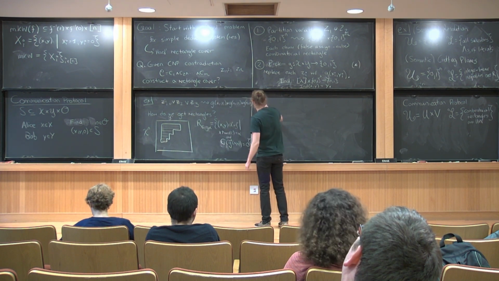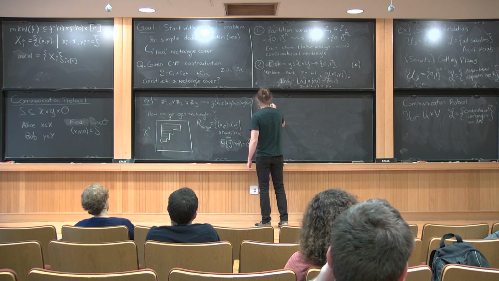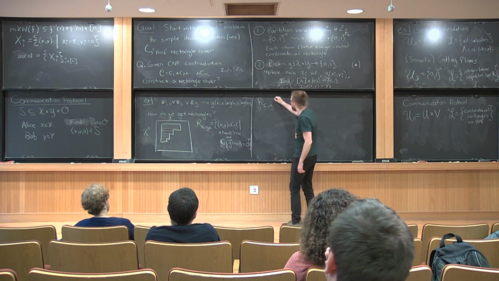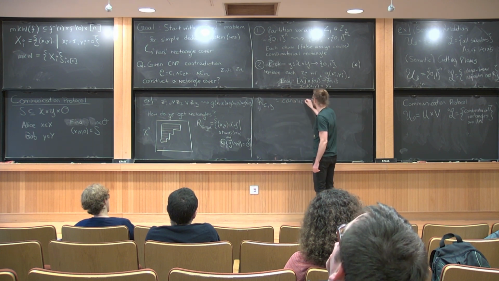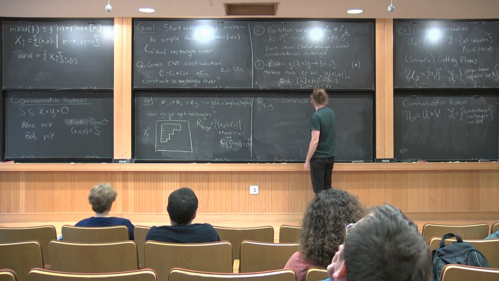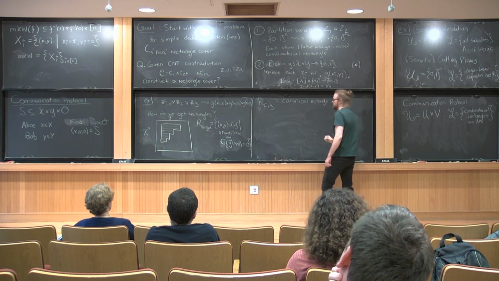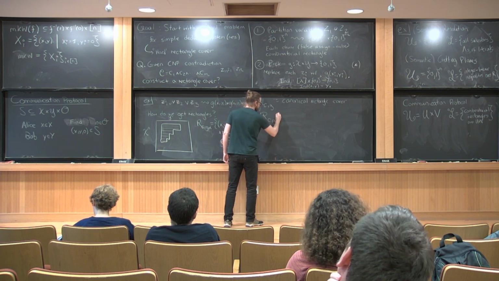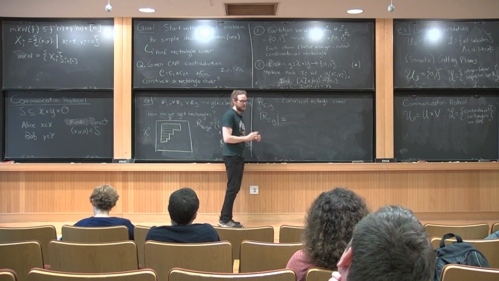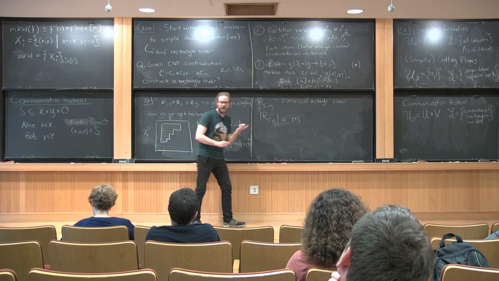So I'll call this R_C^G. This will be the rectangle cover. I'll call this the canonical rectangle cover. And the size of this thing is going to be, well, I'll have a rectangle for every clause.